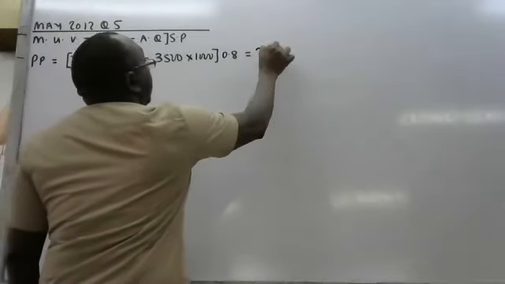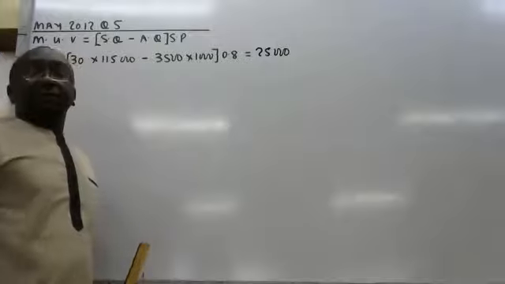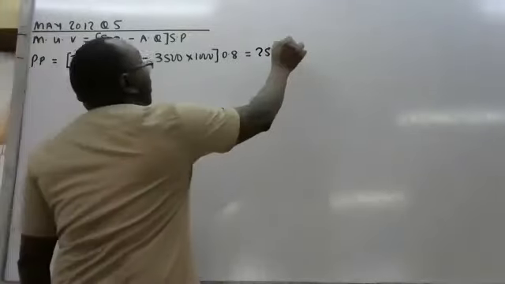That gives 25,000. Favorable or adverse? Adverse, negative.